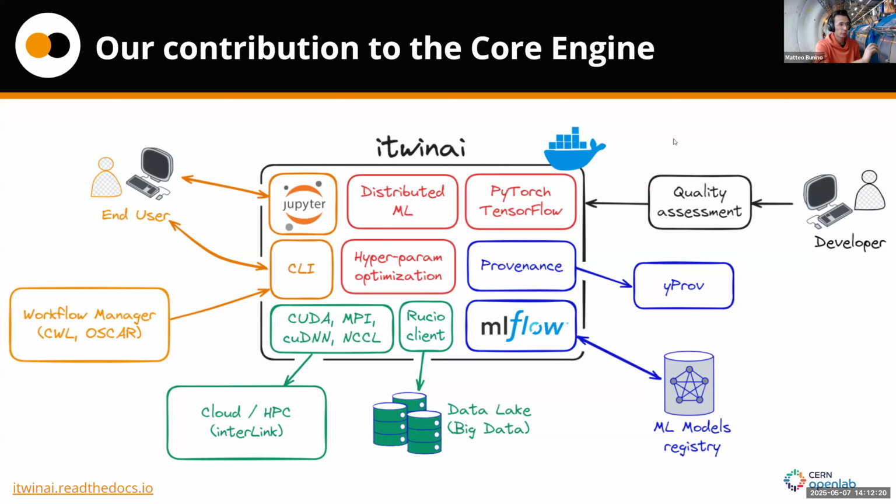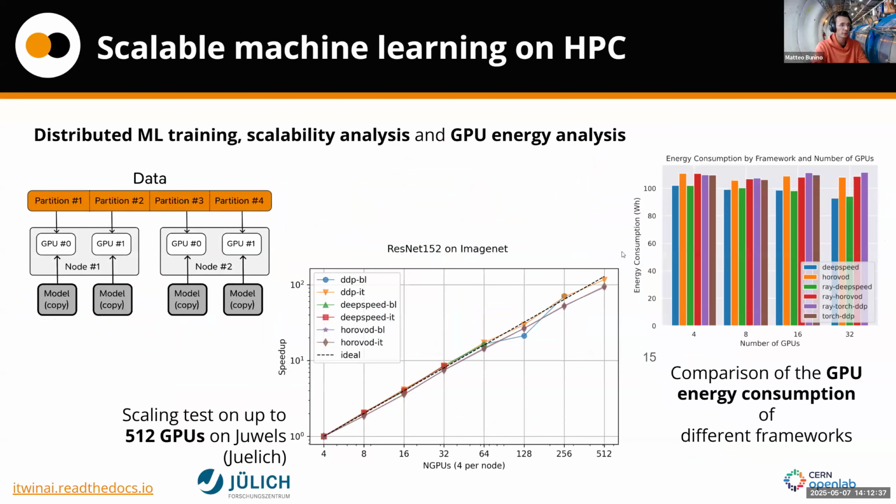And to close the loop, in orange, we of course provide an interface with the users, which is both through a command line interface, but also a Jupyter-like interface. As I said, one of the key features is machine learning at scale on HPC.